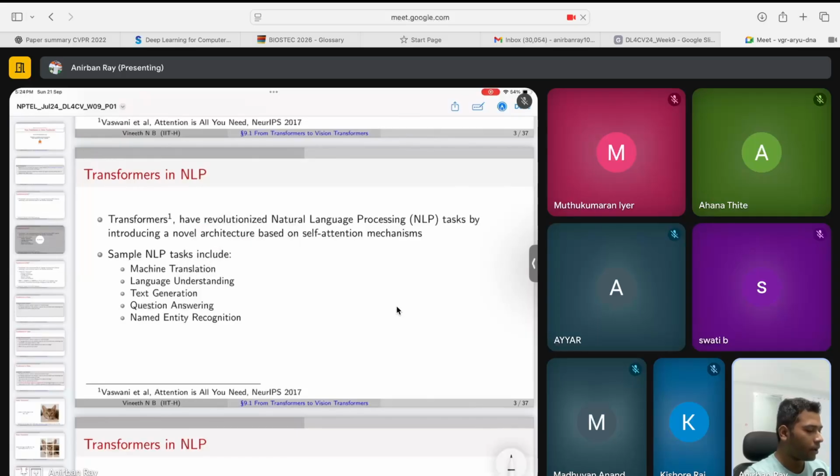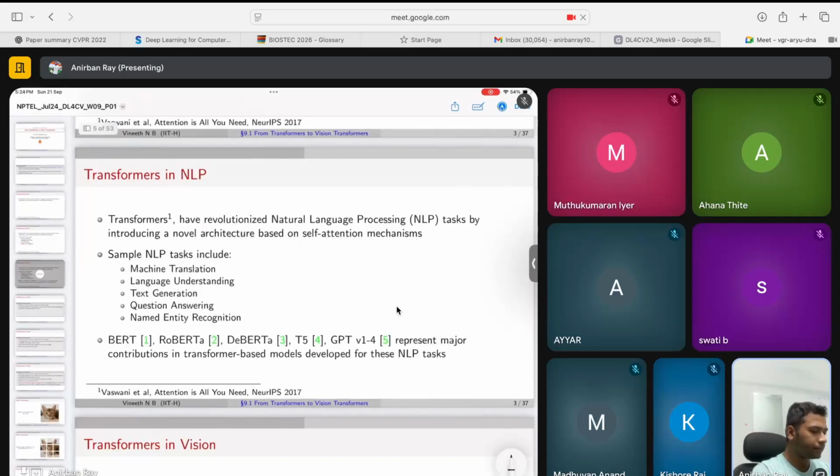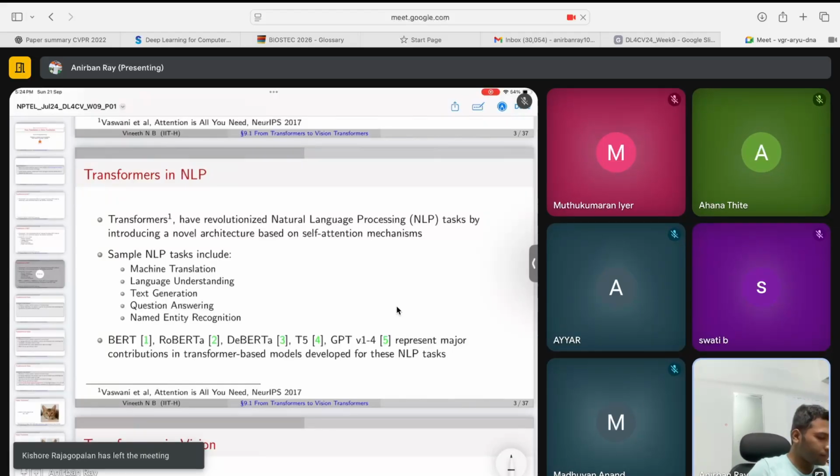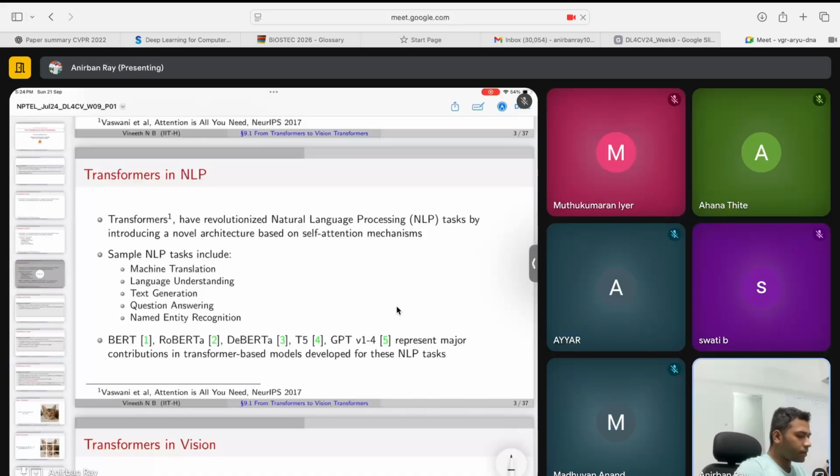Further, these are some of the NLP tasks, and these are the NLP models that are there.